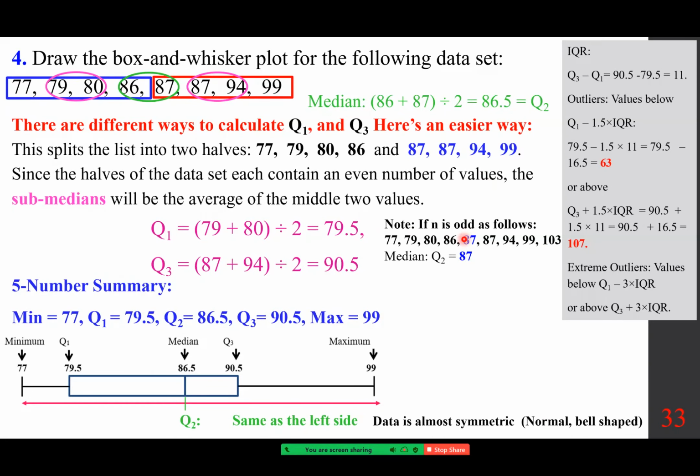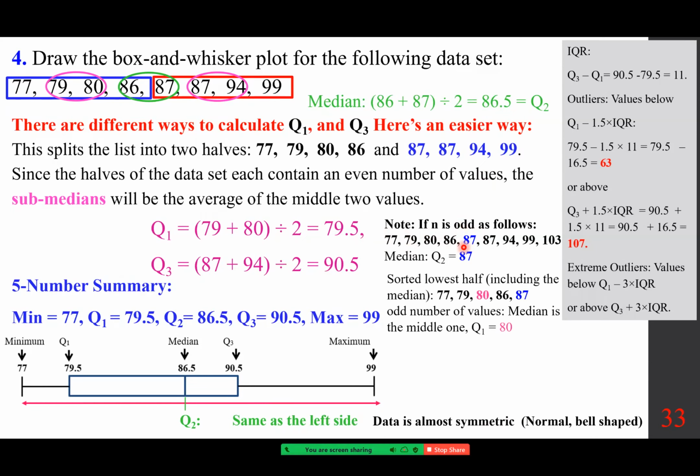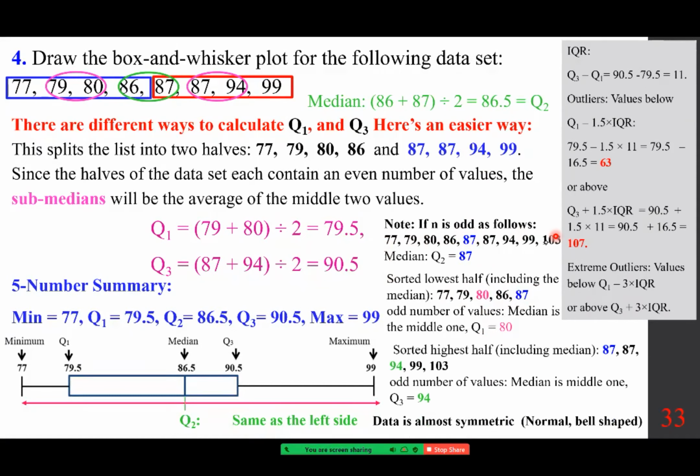Now, the bottom half, including the median, is this, and the middle of the data is 80, that's Q sub 1. Normally, they will include the median in the case of odd size with the bottom half, as well as the top half, in which case, for the top half, the middle of the data would be 94 and Q sub 3 becomes 94.